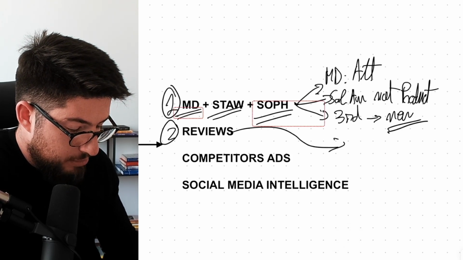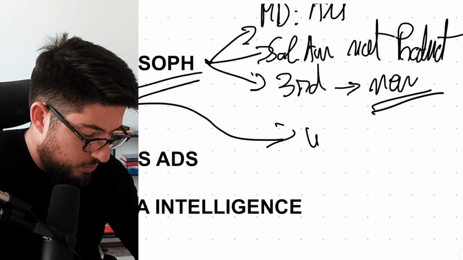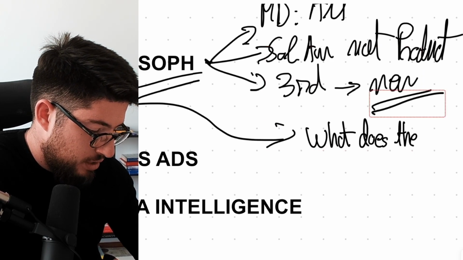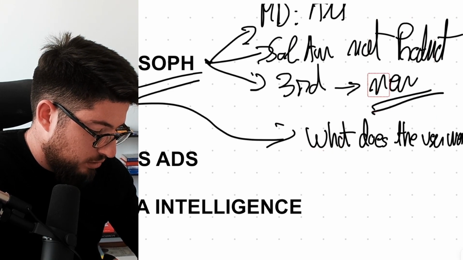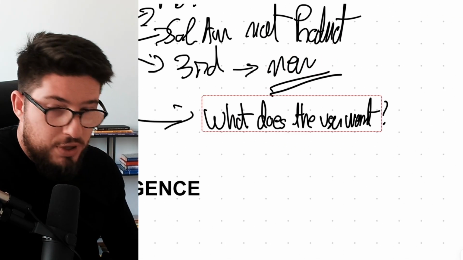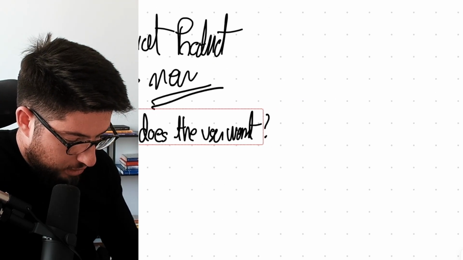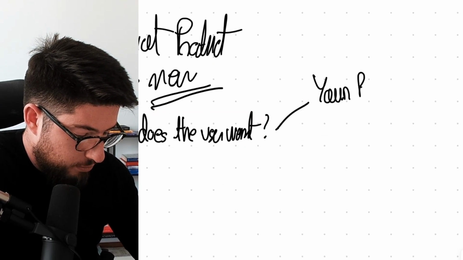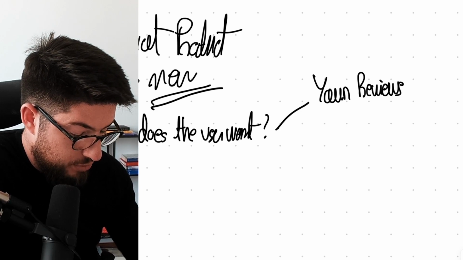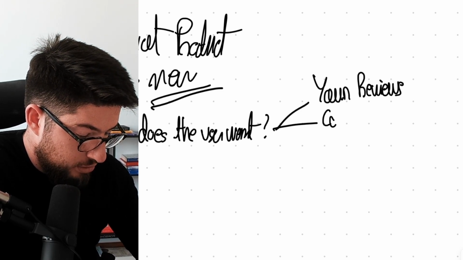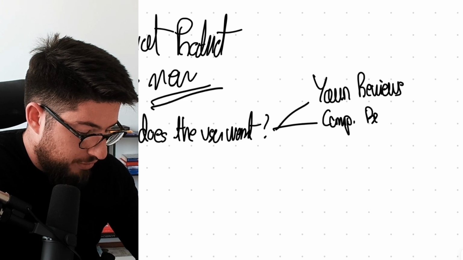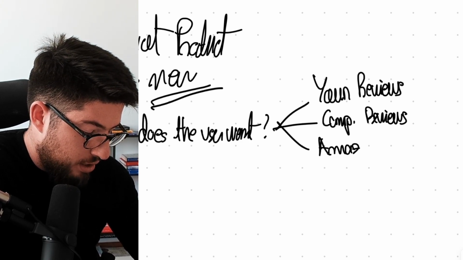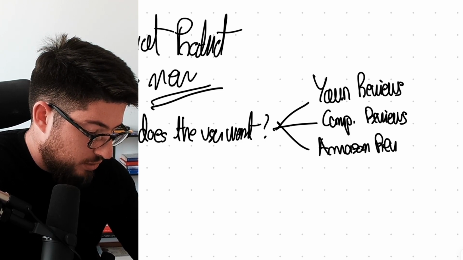And this is going to tell me what the user wants. So what does the user want? And we're going to do 2 things. You can do your reviews, and usually here you will get a lot of angles. Competitor reviews, and then for similar products you go into Amazon and check the reviews.